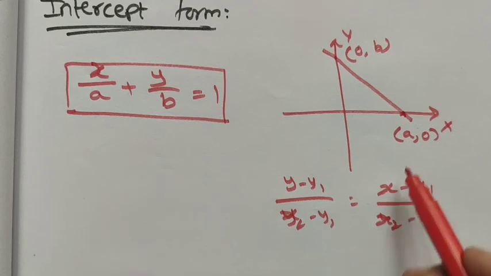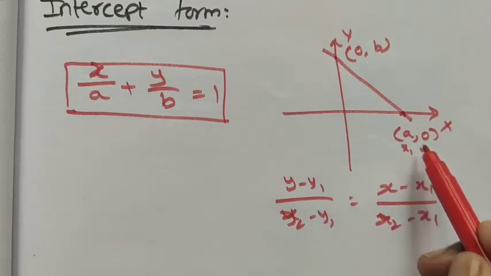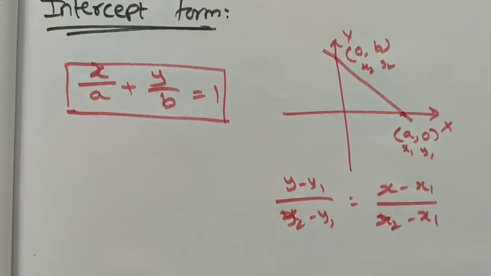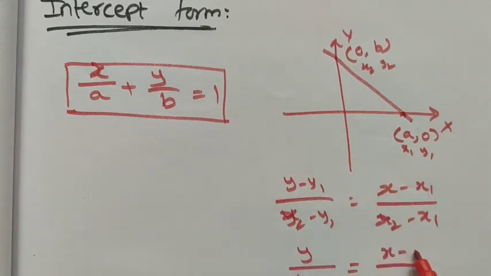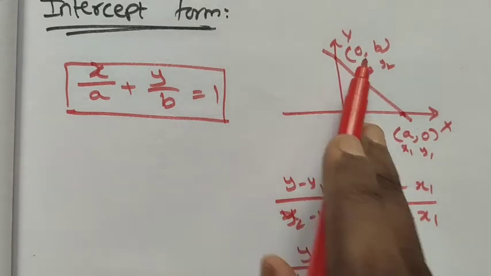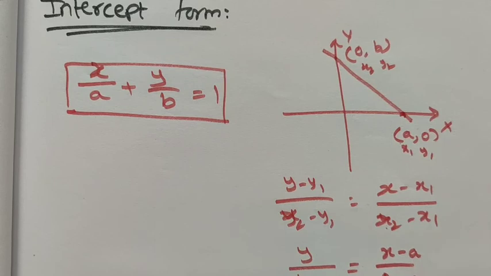Let me take the points as x1 y1 and x2 y2. Apply the values: y1 is 0, so y divided by y2 is b, minus y1 which is 0, is equal to x minus x1 which is a, divided by x2 which is 0 minus x1 which is a.